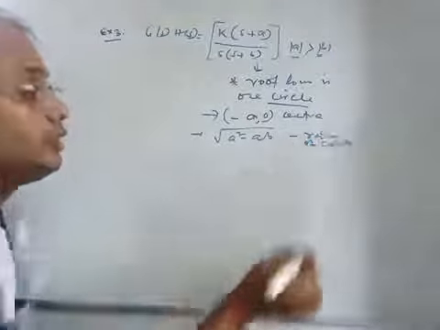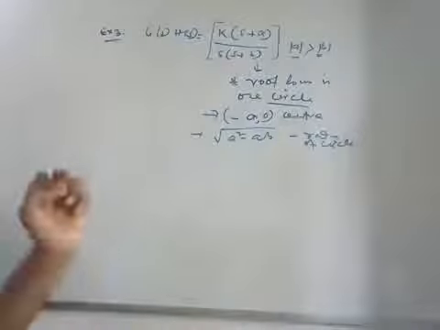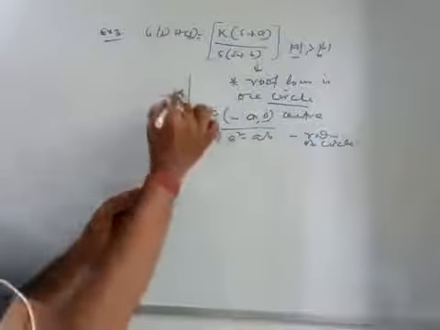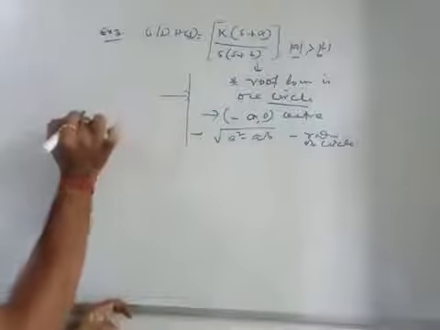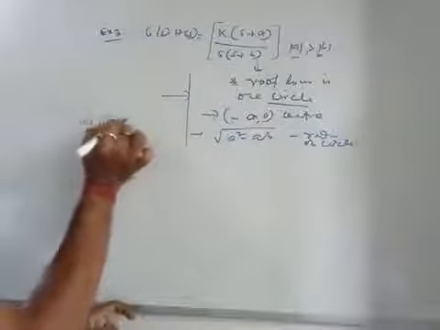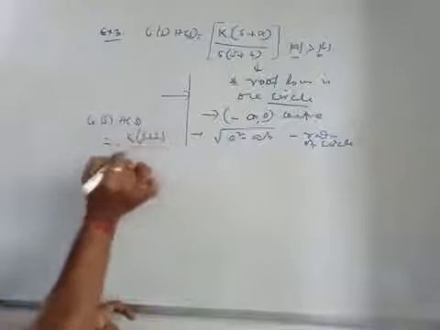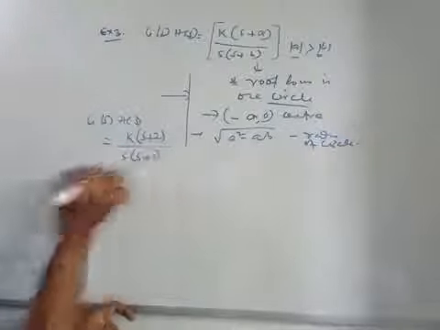Right? So we will analyze this. For example, a transfer function G(s)H(s) is given like k into (s plus 2) by s into (s plus 1).